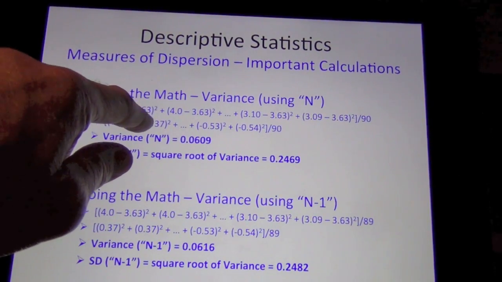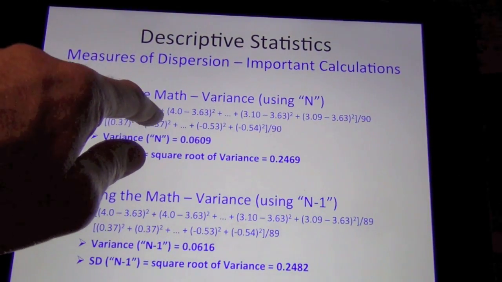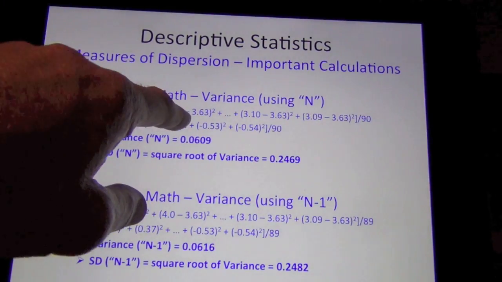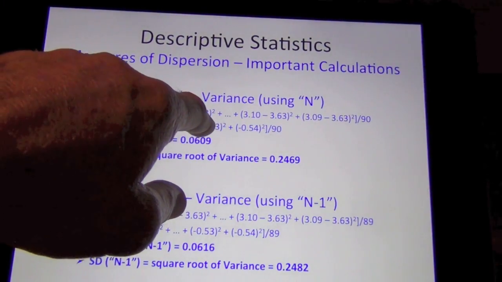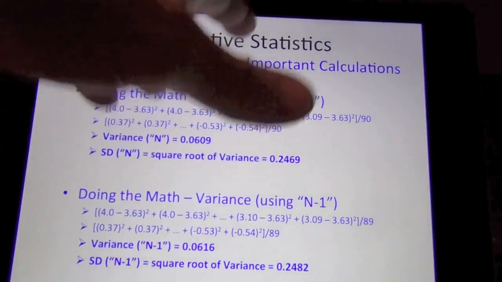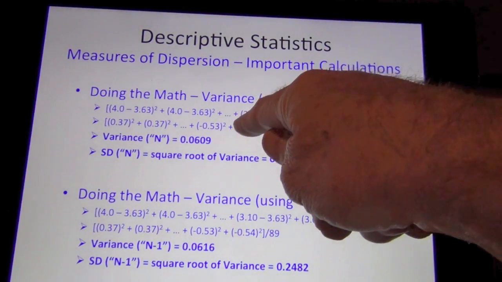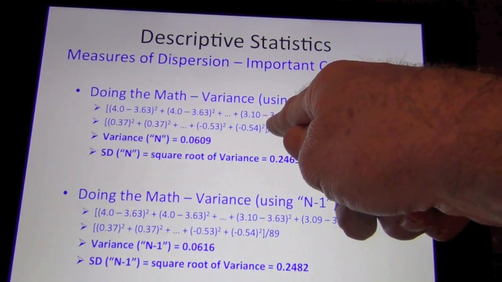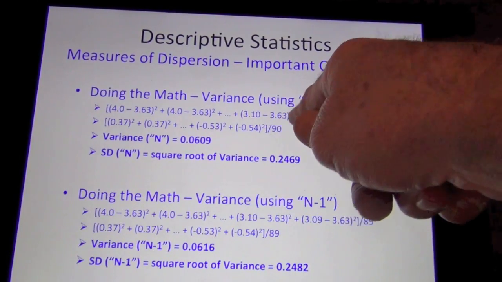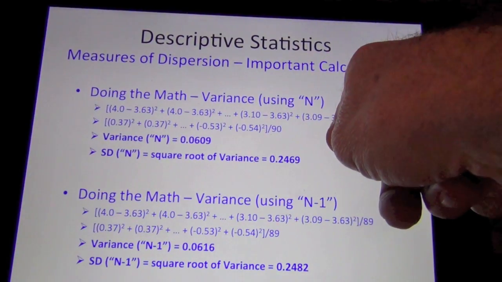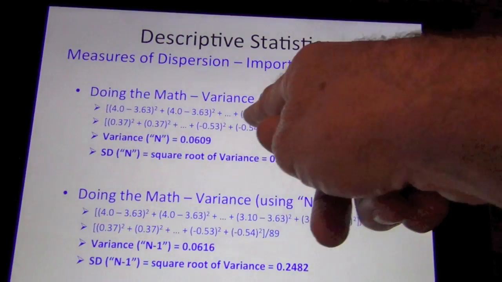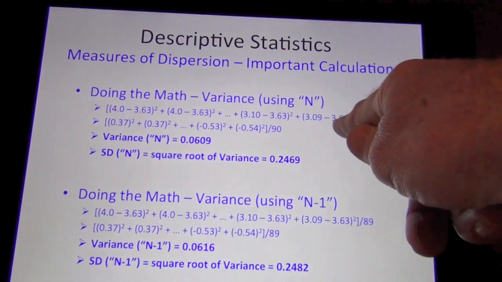It's 4.0 minus 3.63. Square that. There's another person with a 4.0, and the mean was still 3.63. Square that. Add up all those and do that 90 times, so you get to the bottom of the heap, and you've got a 3.10 minus 3.63. Square that deviation. 3.09 minus 3.63. Square that deviation. So you've done that 90 times.